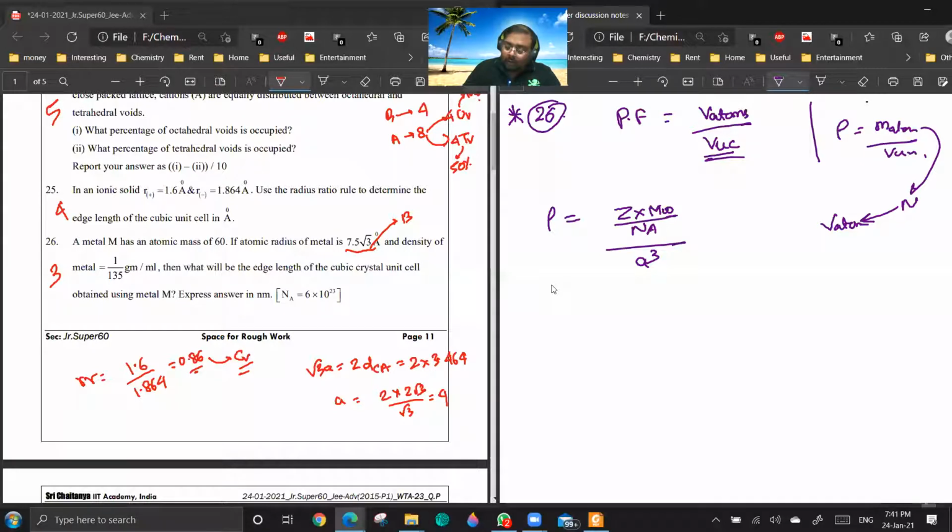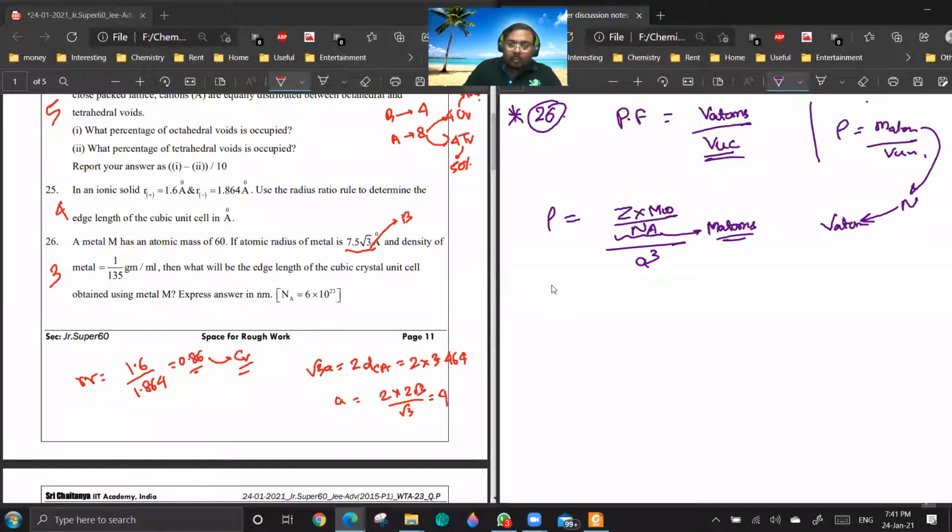The volume of unit cell, and this whole thing is basically the mass of atoms. So NA is in the denominator.